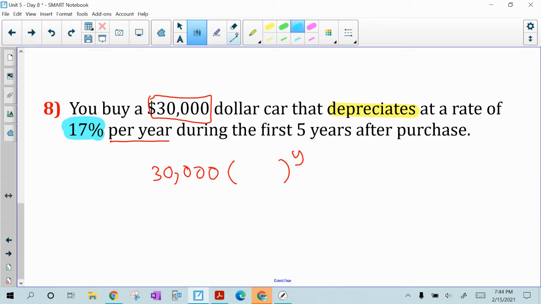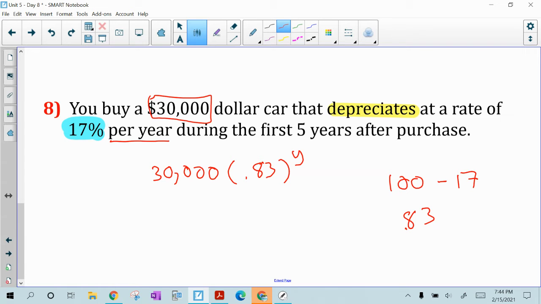Well, what I'm going to do is I'm going to say this. I'm going to say that I've got 100%, and I'm going to subtract 17% per year. Okay? Hopefully people are not getting too lost on that, but we're going to say that that ends up getting me 0.83, or 83%, and that's 0.83.